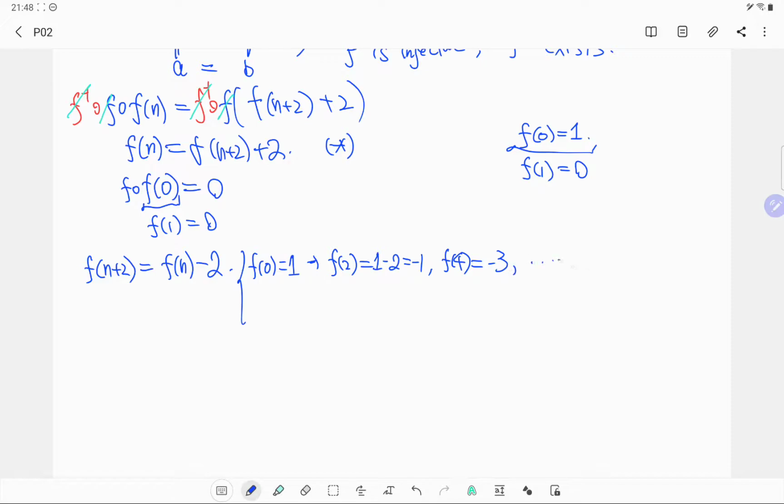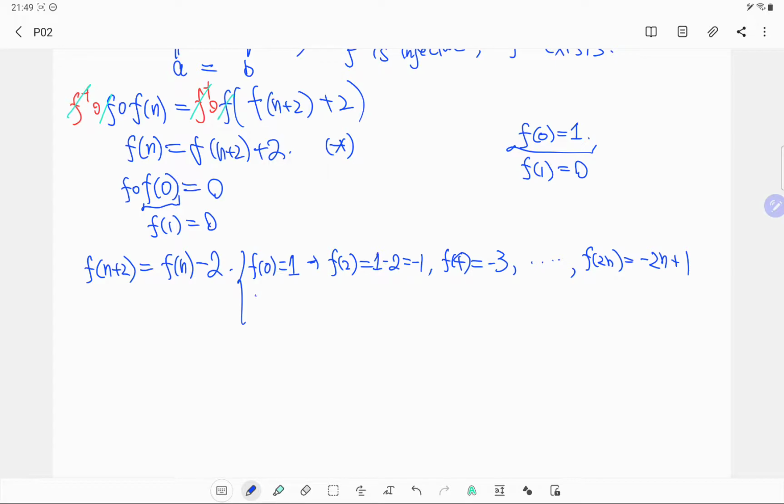And then etc. etc. So that we can come up with f(2n) equals to minus 2n plus 1. Actually, you can prove it by induction for a more rigorous proof, but I think it is very trivial to prove this.